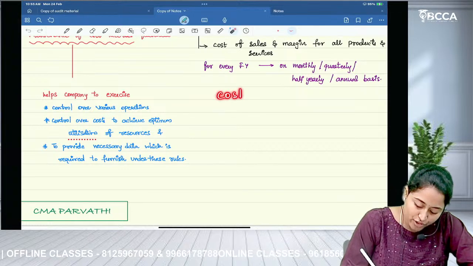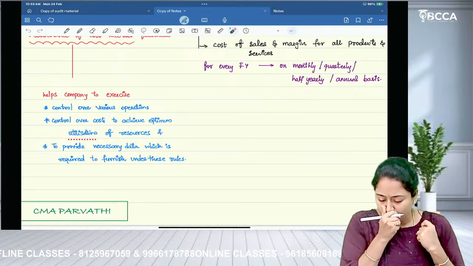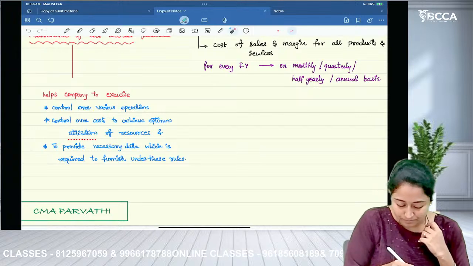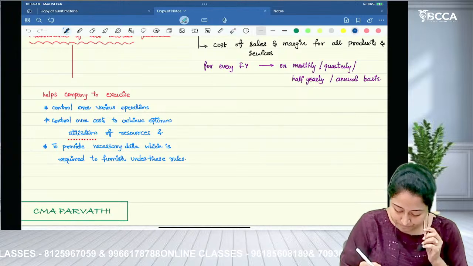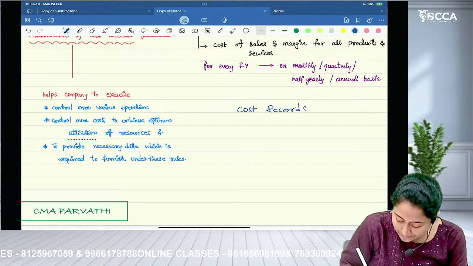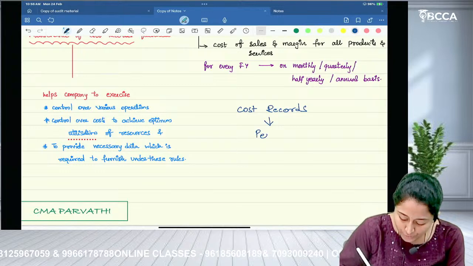Now, if cost records are being maintained by the company, then I'll be able to know what is the per unit cost.